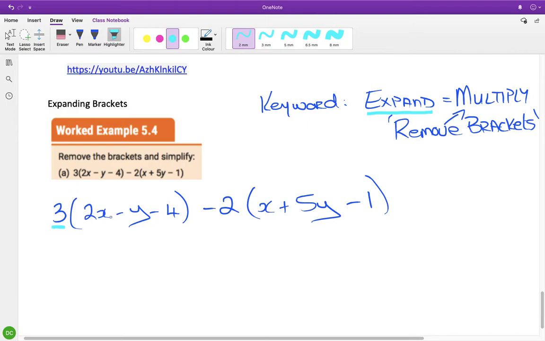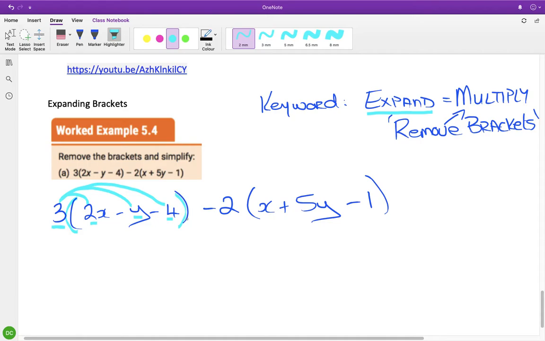When you're multiplying by a bracket and there's more than one thing in the bracket, you have to multiply the 3 by everything in the bracket, and that's called distributive multiplication. So you distribute the 3: you multiply it by the 2x, by the minus y, and by the minus 4. There are three things in the bracket, so that calls for three distributive multiplications.